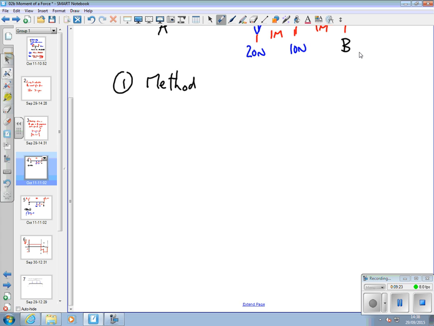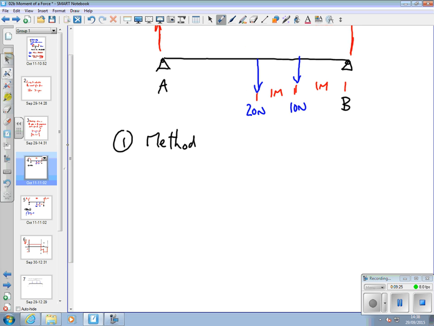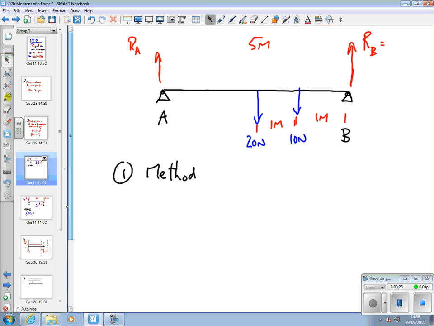So the first method, what we do is we assume the pivot acts at one end. So we're going to assume it's pivoted at A, say, and then find the reaction force at B. What is this force here? So we replace this support with a force acting upwards and find out what the size of that force is.